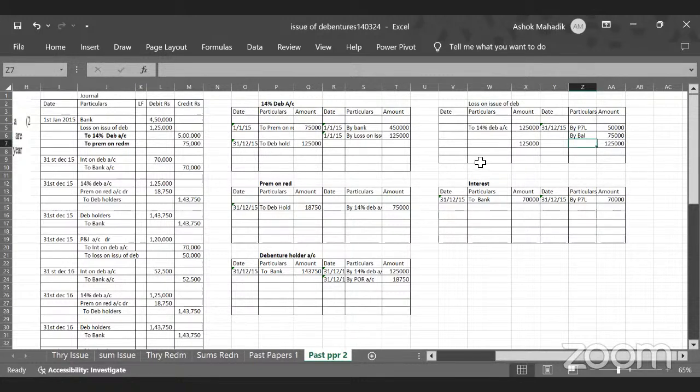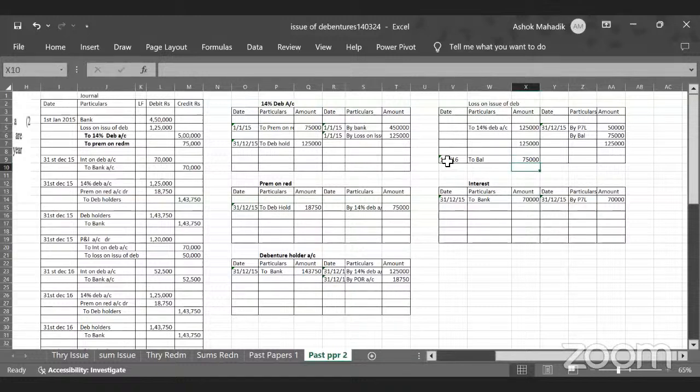Okay, and in next year on 1st January 16 will be to balance 75,000. Okay, close the account in same fashion.